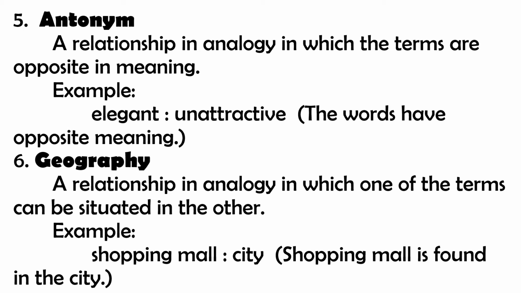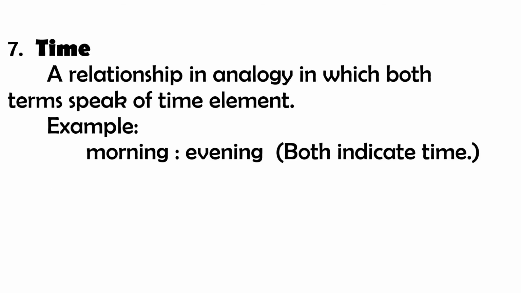Okay, number 6, geography. A relationship in analogy in which one of the terms can be situated in the other. Example, shopping mall is to city. Shopping mall is found in the city. Okay, next. Time, last.